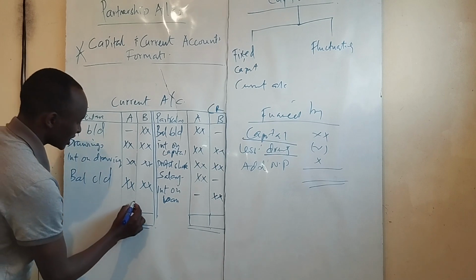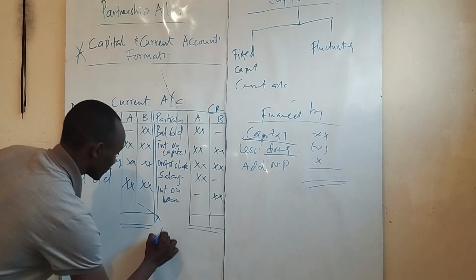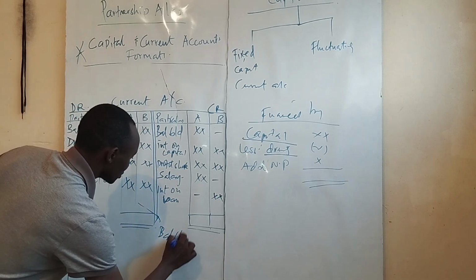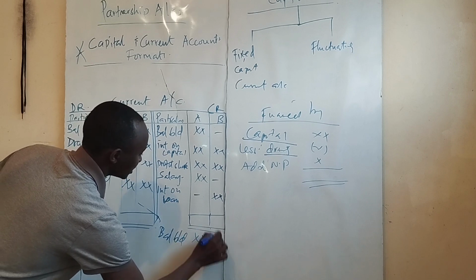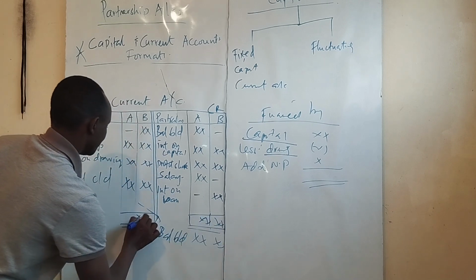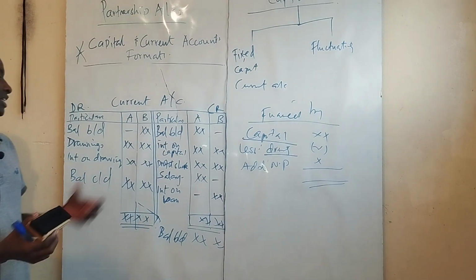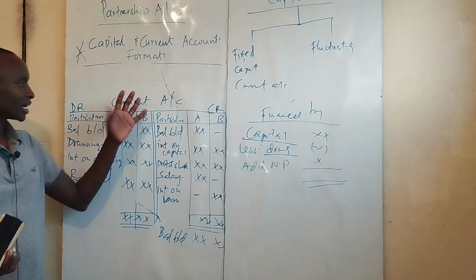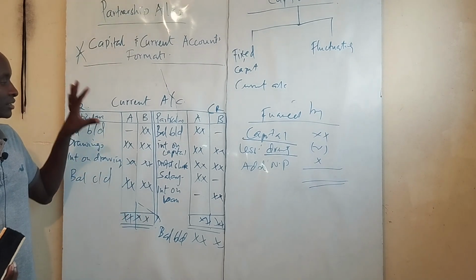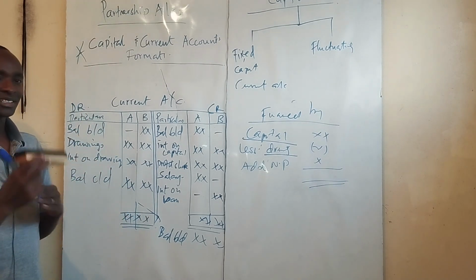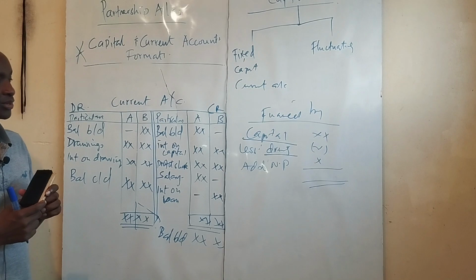So directly opposite here, you will find the balance brought down of a certain figure. Yes, so ladies and gentlemen, that is how to prepare the current account, and I want to believe I've captured as many things as possible.